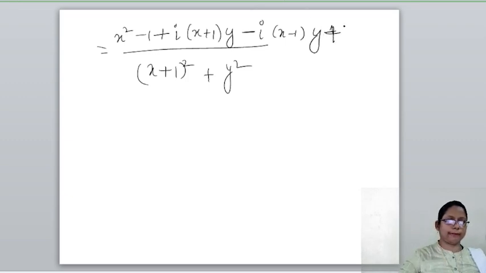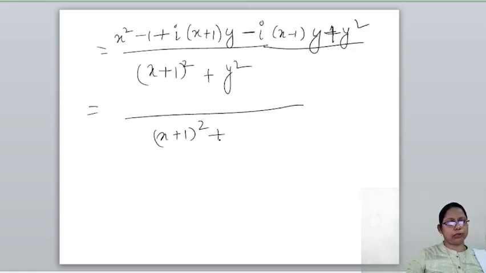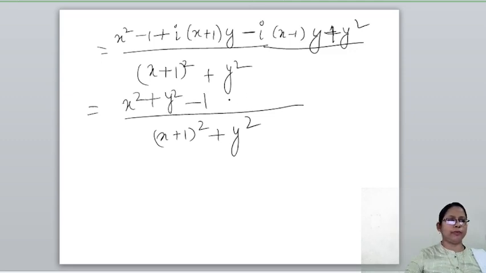If you expand this, you will get the denominator (x plus 1) whole square plus y square. In the numerator, x square plus y square minus 1, then plus i times the bracket: xy plus y minus xy plus y.